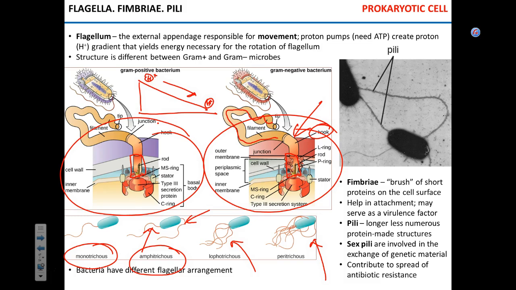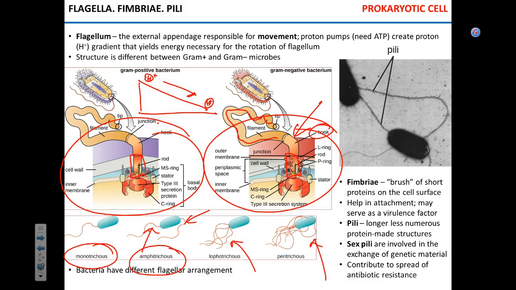Before we move on to the fimbriae and pili, what you have to know about flagella: the idea that it requires a lot of ATP that generates a proton gradient. Okay, and the proton gradient immediately provides energy for the movement. And four types of flagellar arrangement. Does that make sense? Flagella, is that a phenotypical trait? Yes. So it is encoded by certain genes.